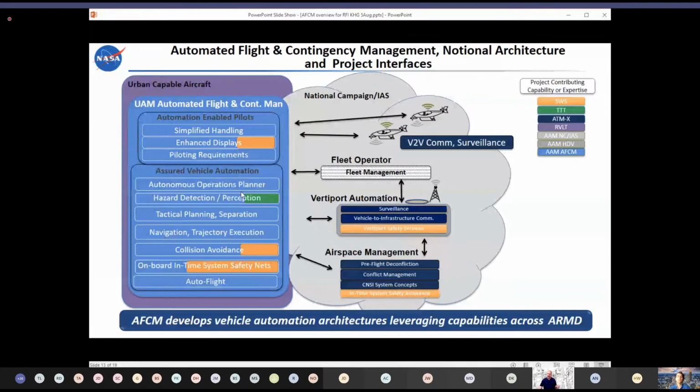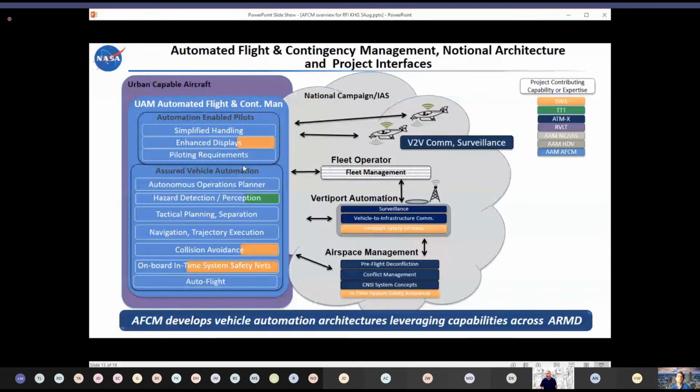So moving from higher level automation or autonomy of perception and judgment, which is probably going to be performed by a combination of the human automation team, getting down at the lower levels into autonomy of execution.